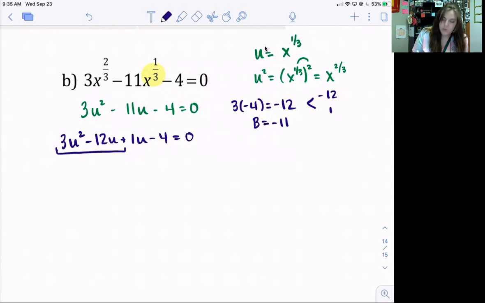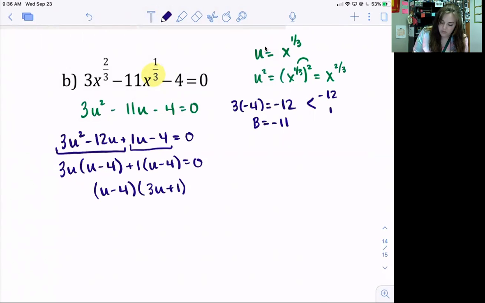So 3u squared minus 12u. Our GCF is 3u. And we would be left with u minus 4. Then 1u minus 4. Our GCF is 1. And we're left with u minus 4. So our factored form is u minus 4 times 3u plus 1 equals 0.